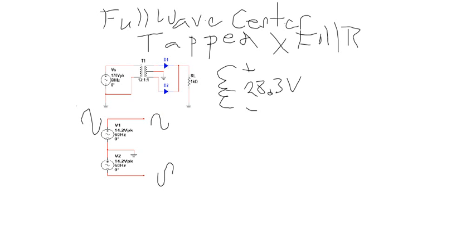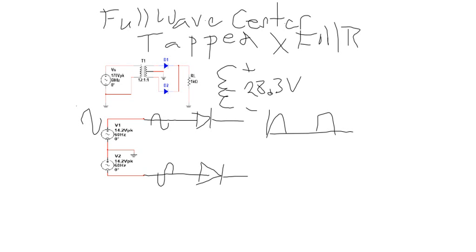Now notice that each one feeds into a diode. So coming out of the top diode, I'm going to have this. Everywhere there's a positive half cycle, I get a positive pulse out. Down here, every time I have a negative half cycle on the input, I get a positive half cycle going into the diode.